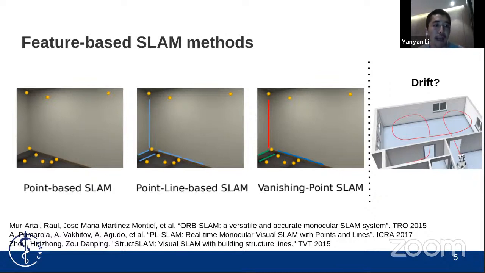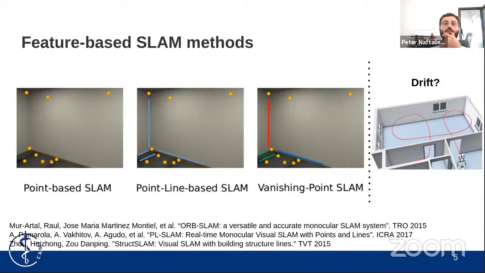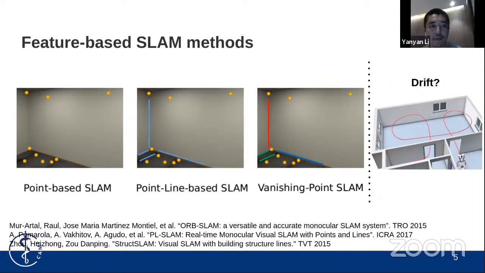At the early stage, most feature-based SLAM methods were based on point features, like ORB-SLAM, PTAM, and so on. They achieved great success. But in indoor environments, point features are very difficult to obtain in low or non-textured regions.